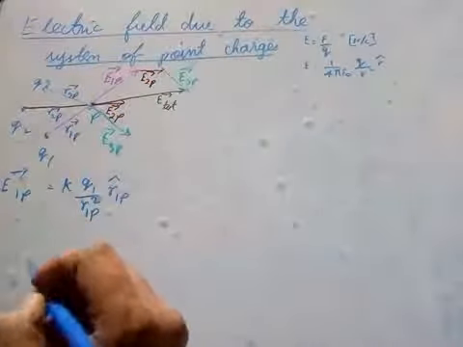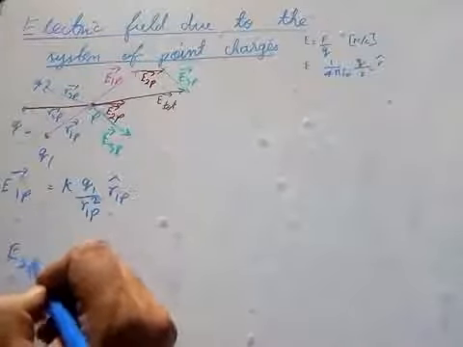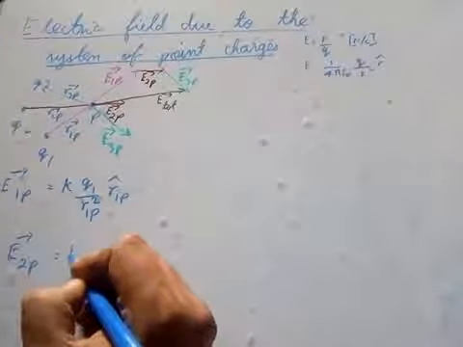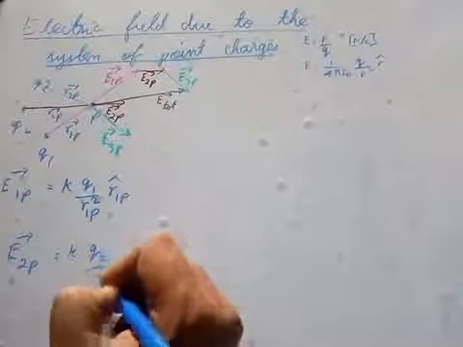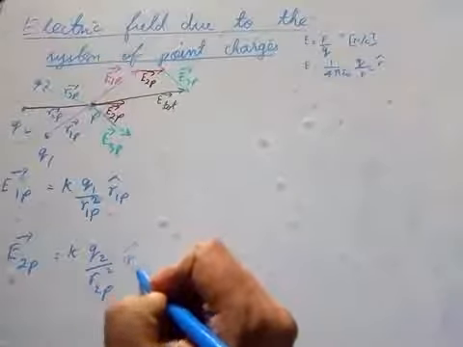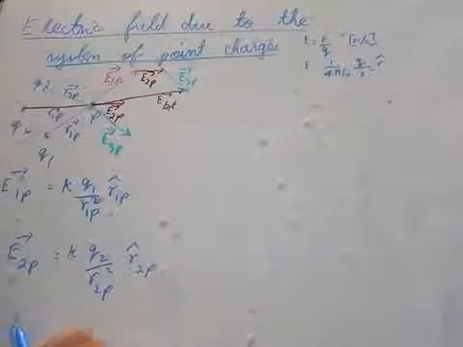Similarly, we have the electric field due to the second charge, E2P, on point P, which will be equal to K into Q2 by R2P square into R cap 2P. Similarly, you can say it for the nth charge also. So E3P we can also write as it is.